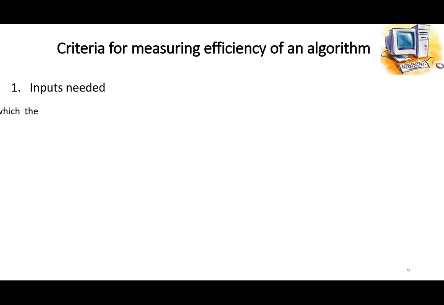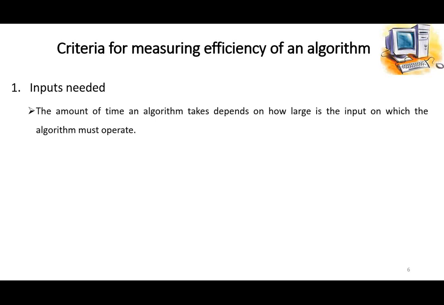First one, inputs needed. The amount of time an algorithm takes depends on how large is the input on which the algorithm must operate. So if an algorithm requires multiple inputs or large inputs or complex inputs, we can say that the algorithm is not efficient with respect to the inputs that it requires.